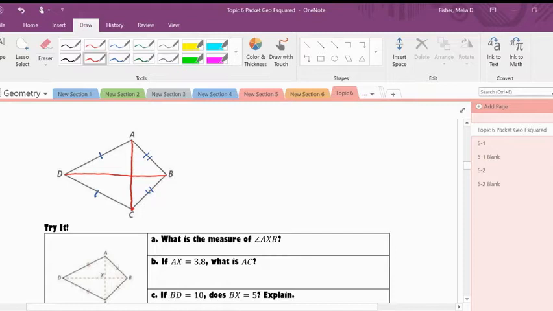And we could spend a bunch of time on the Y's and proving this, but we're just going to learn that DB is the perpendicular bisector. If you prefer to use the symbol for perpendicular, you can.